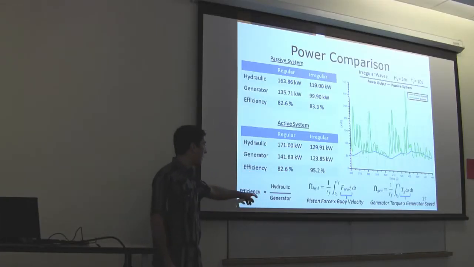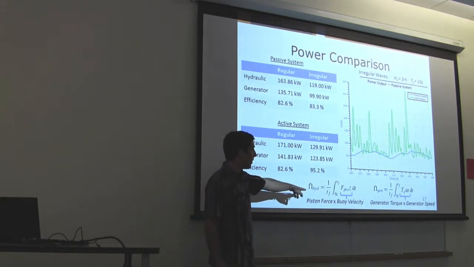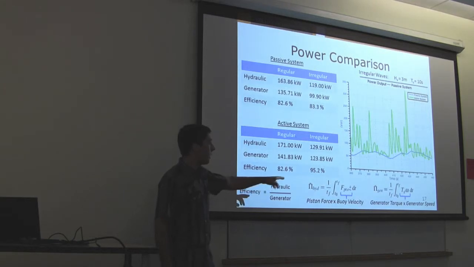I have a question about your efficiency calculation. How did you derive that? So the efficiencies were basically, I call them efficiencies, but we're not modeling any efficiencies per se, like from the hydraulic component. It's basically the hydraulic average power over the generator average power.